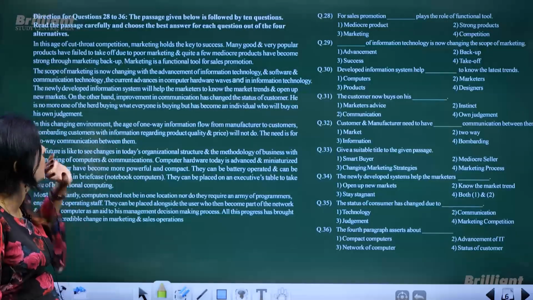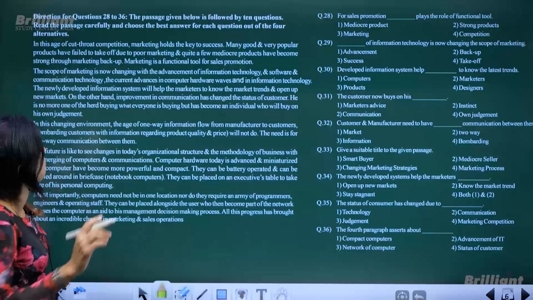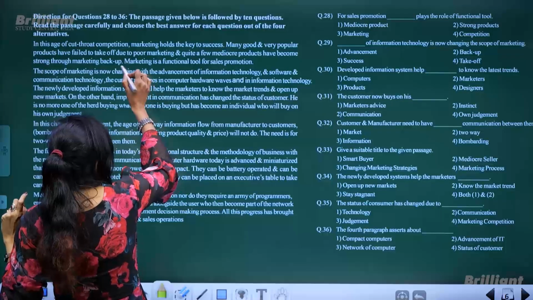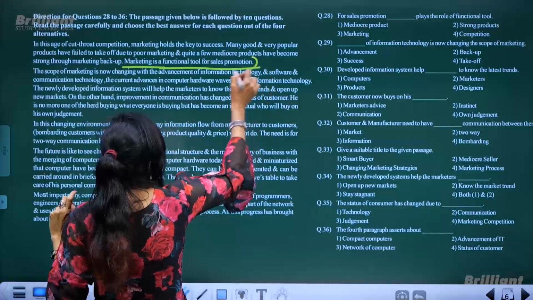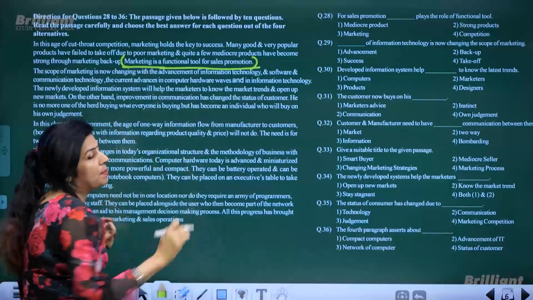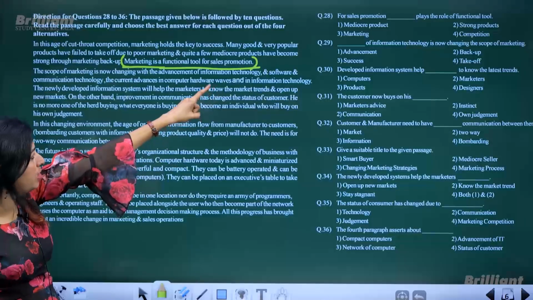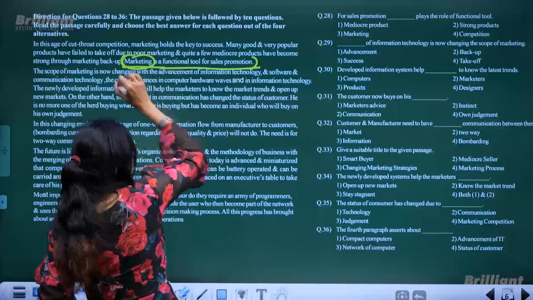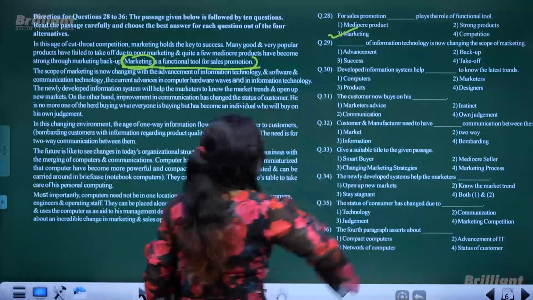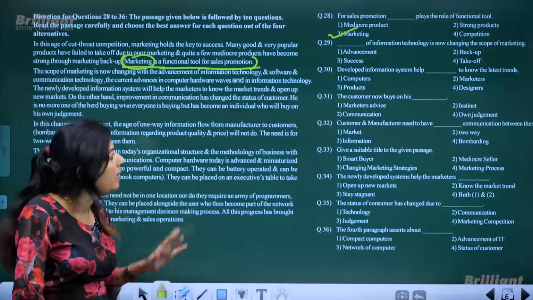That's what the passage is all about. So let us see if the same sentence has been taken. See, marketing is the functional tool for sales promotion. Exactly the same question. For sales promotion, marketing plays the role of functional tool. Straight answer.